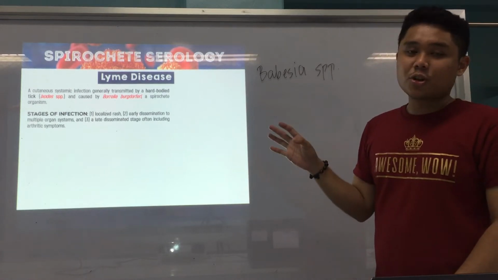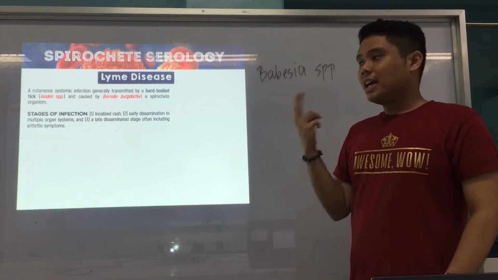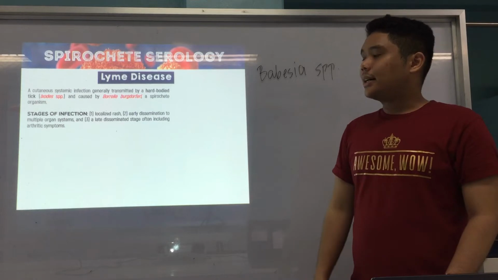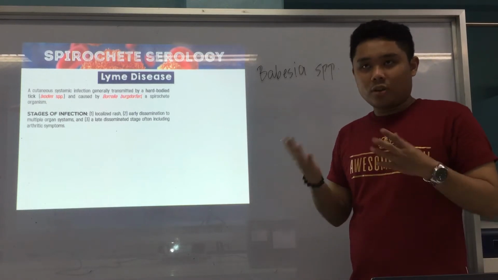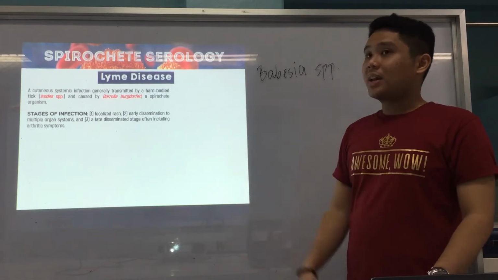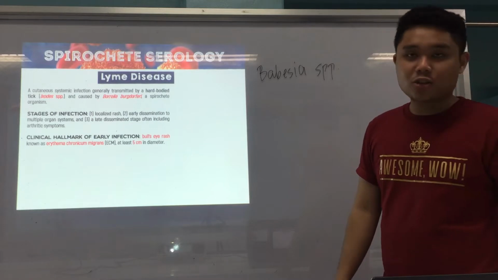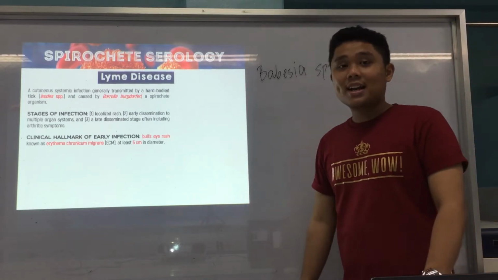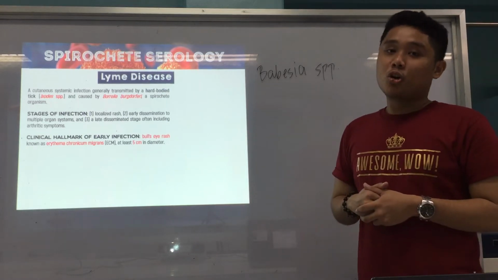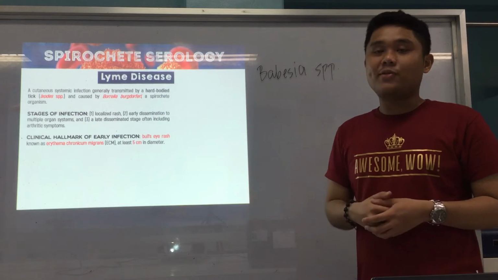For the stages of infection, we have 3 stages. Number 1, it starts off as a rash, followed by dissemination to multiple organ systems, and lastly late disseminated infection, where it has spread all over your body, which includes arthritic symptoms. The clinical hallmark of the infection is the bullseye rash in early infection, also known as erythema chronicum migrans, ECM, which is at least 5 cm in diameter.